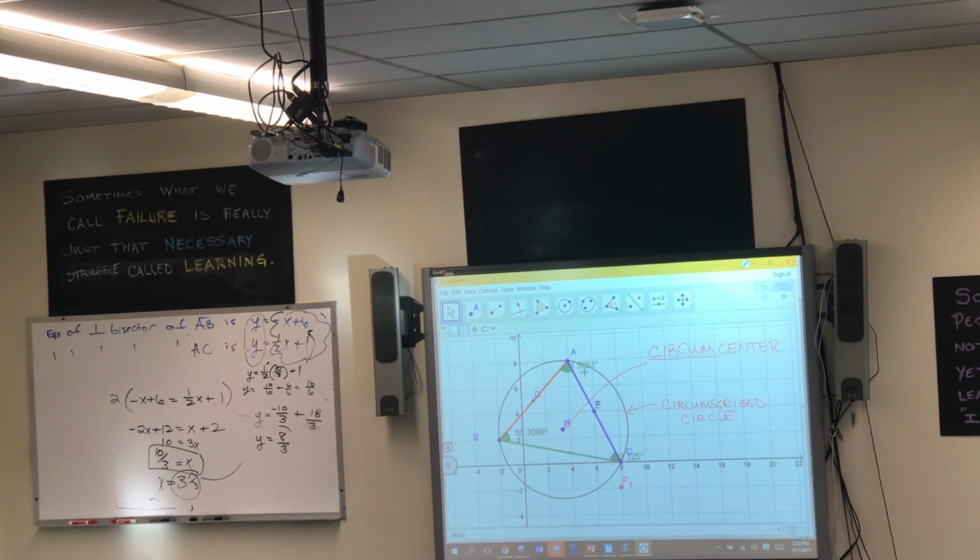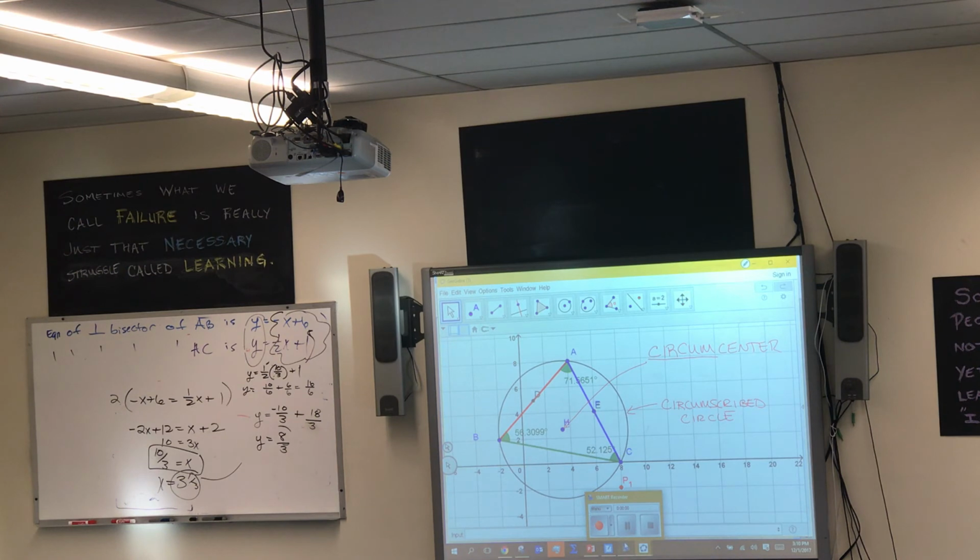So we got 56, 71, and 52, right? Based off those numbers, what can we classify it as? It's scalene. But on the angles, if they're all smaller than 90, they've got to be all acute. So that's an acute triangle, right?